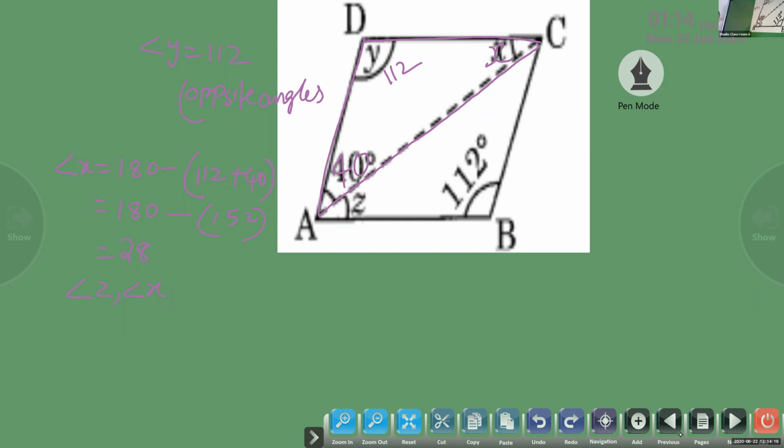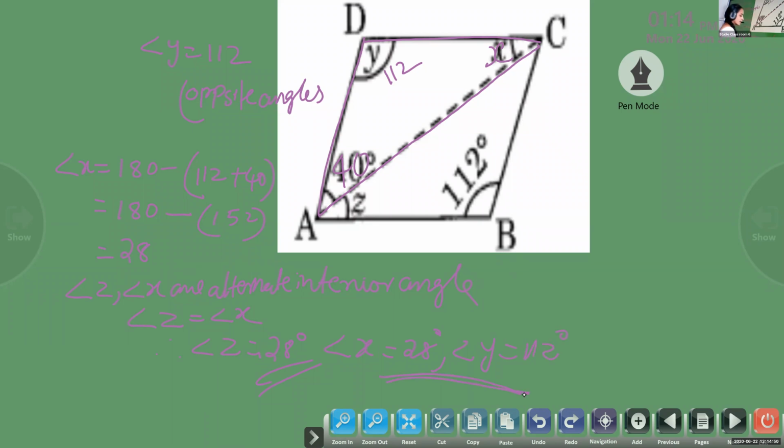Yes, angle Z and angle X are alternate interior angles, so they are equal. Angle Z equal to angle X. So we have angle Z equal to 28 degrees. So the answer is angle X equal to 28 degrees and angle Y equal to 112 degrees.